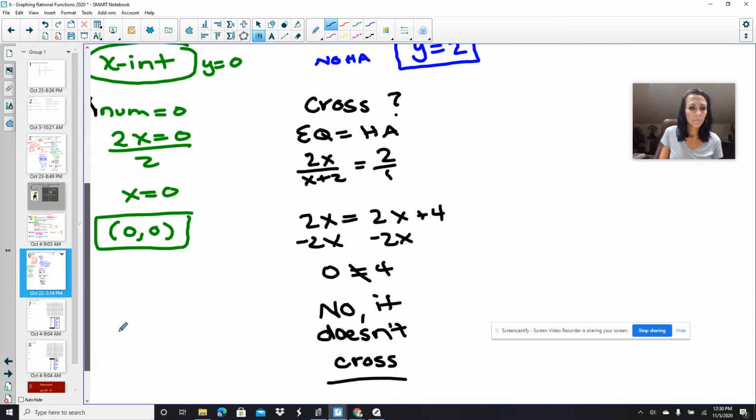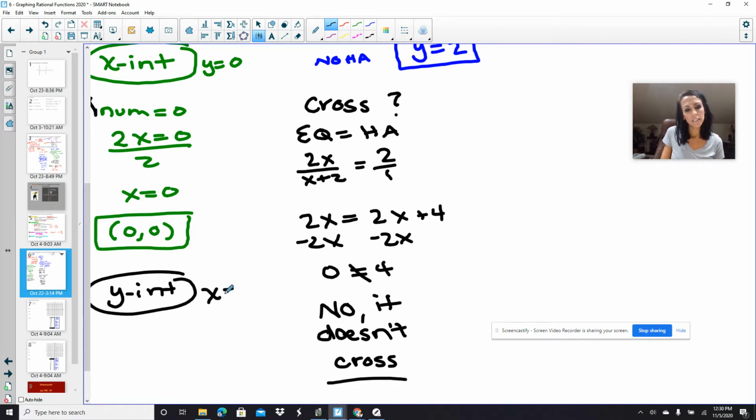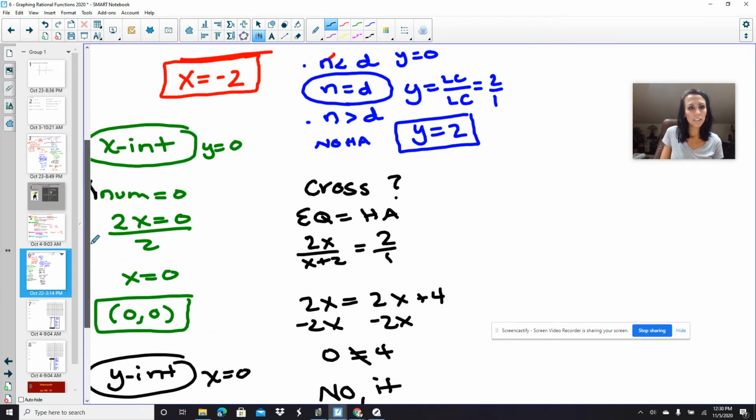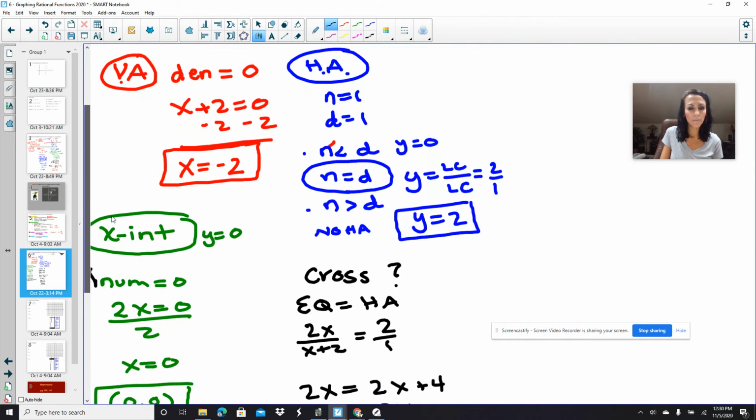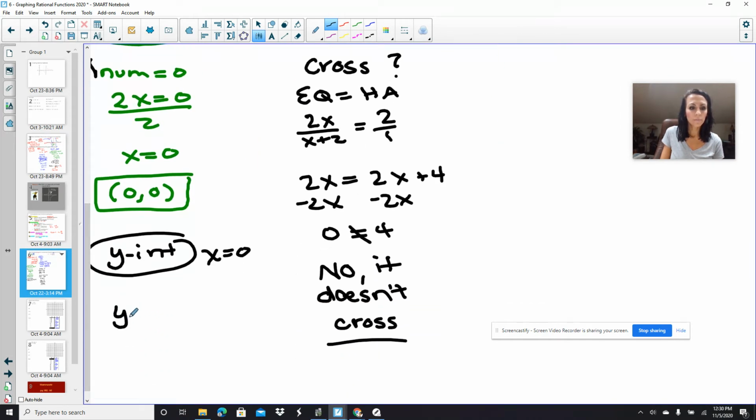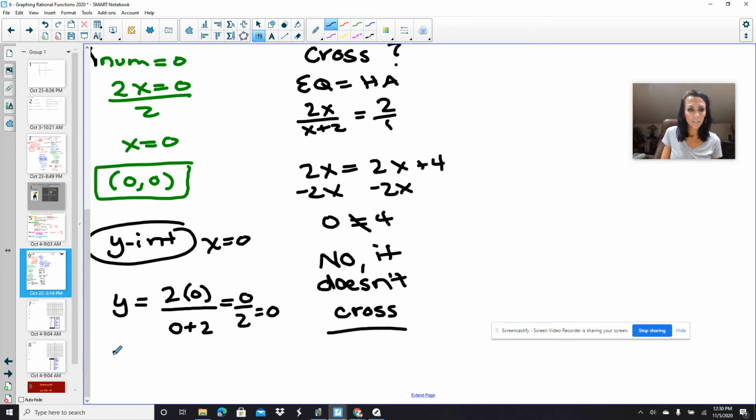For our y-intercept, we know x equals 0, so we replace x with 0 and we solve for y. 2 times 0 over 0 plus 2, and we get 0 over 2, which is 0. So when x is 0, y is 0, that means our y-intercept is also (0, 0).